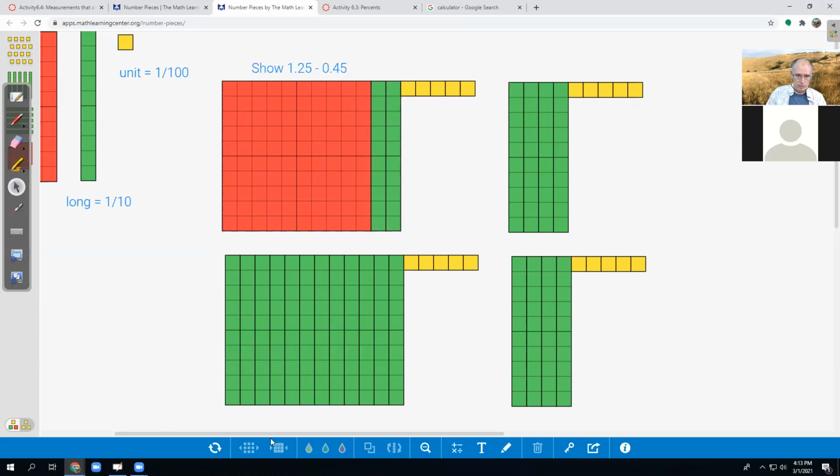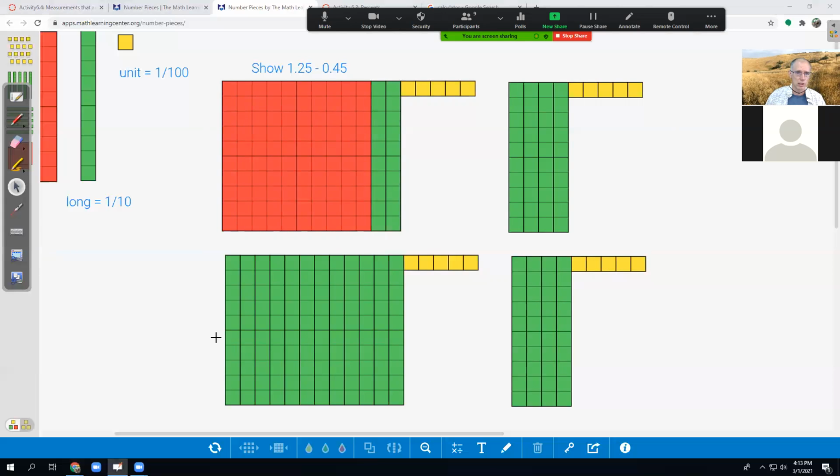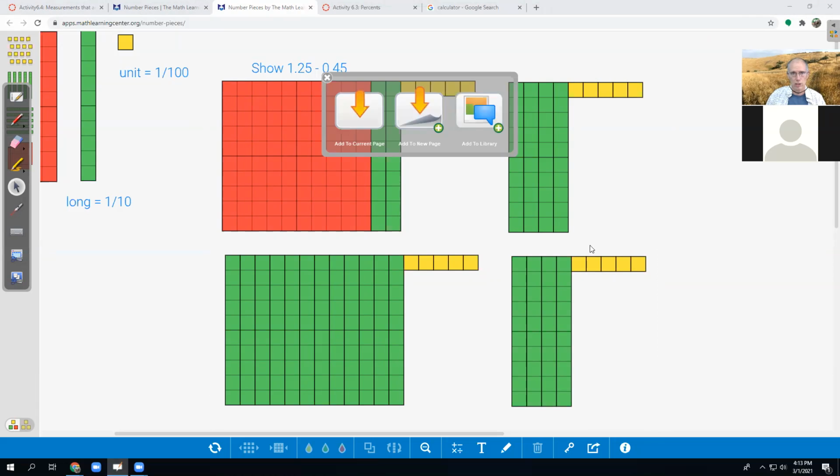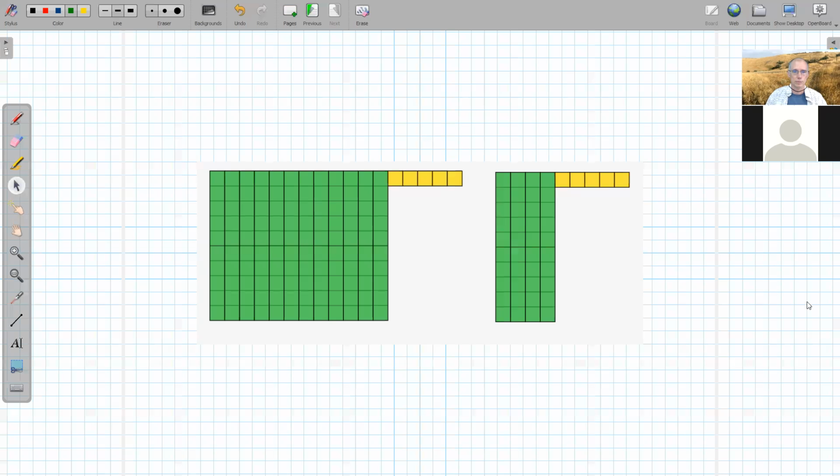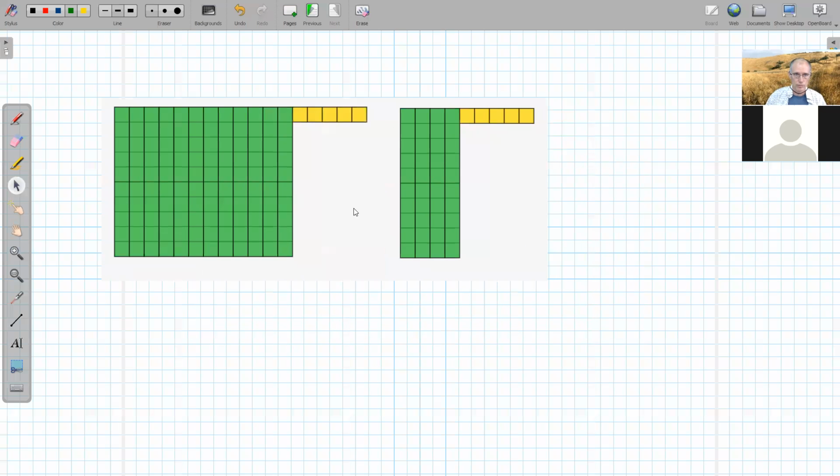I'm running out of colors, so we'll just cross them out. This number here is still 1 and 25 hundredths, but I'm viewing it as 12 tenths and 5 hundredths. We could use decimal notation on that.